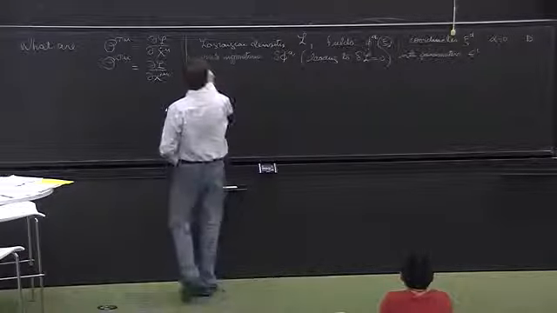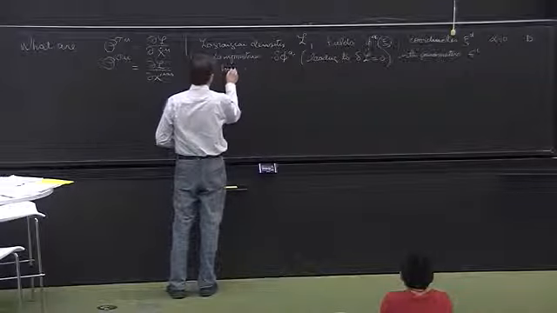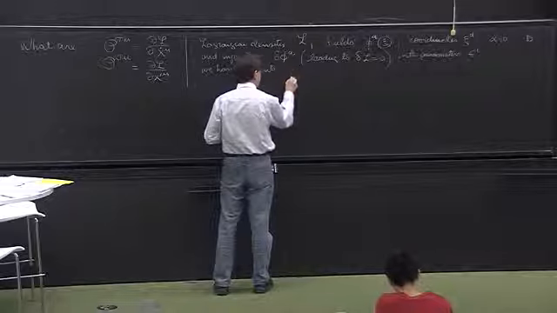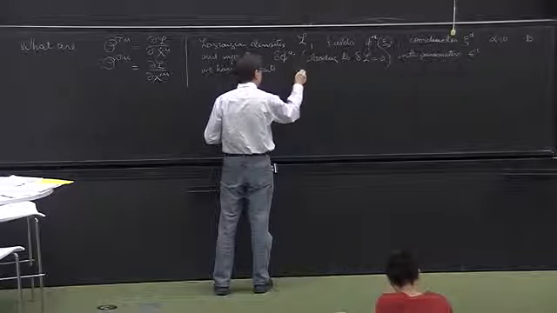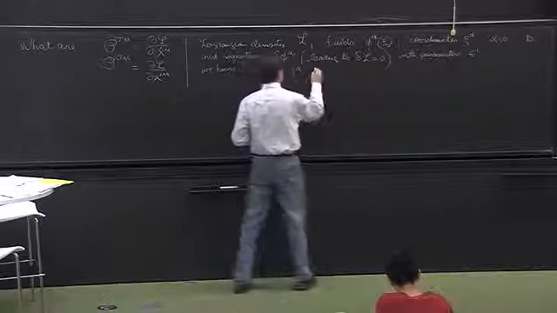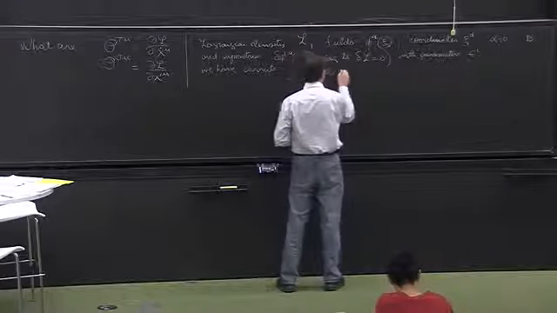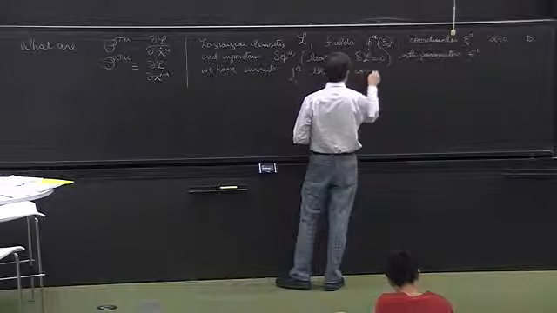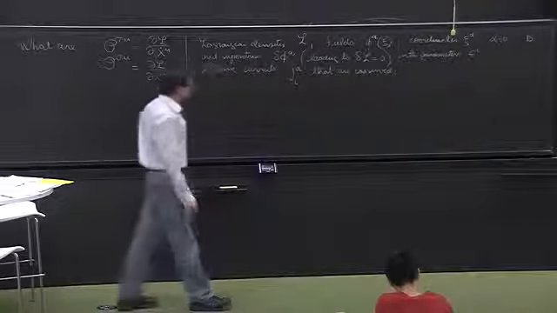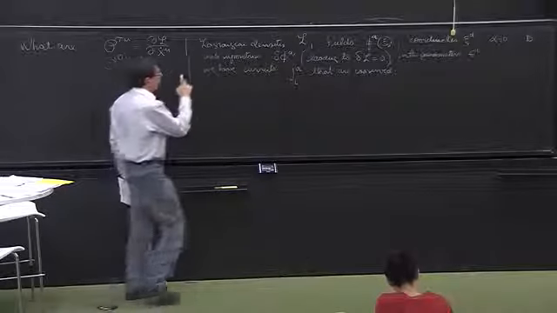Then we have currents, and here is the name of the currents, J I alpha, that are conserved. So let's see what this means.